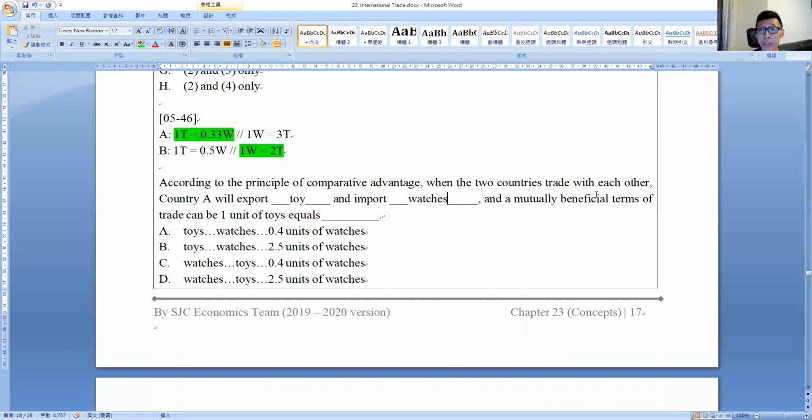A mutually beneficial term would be 1 toy equals something. So 1 toy should lie between 0.33 and 0.5, which would give us A as the answer. A is the only one in the middle, and toy and watch are the right way around. Okay, so the answer would be A for this question.